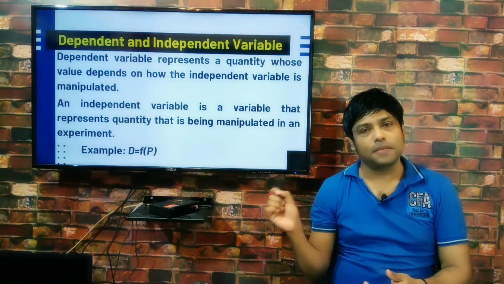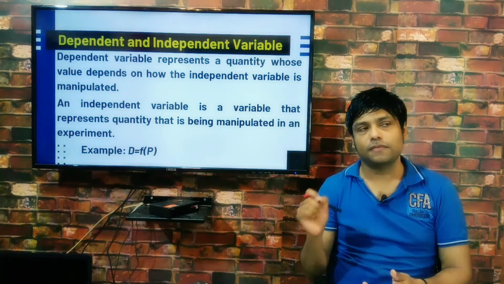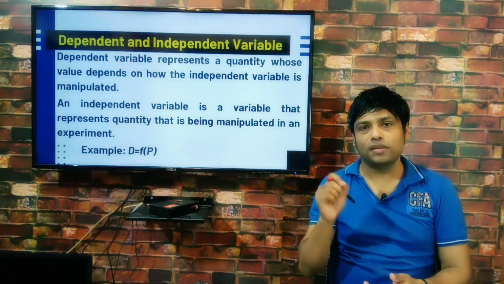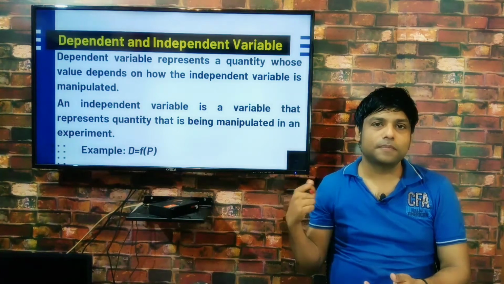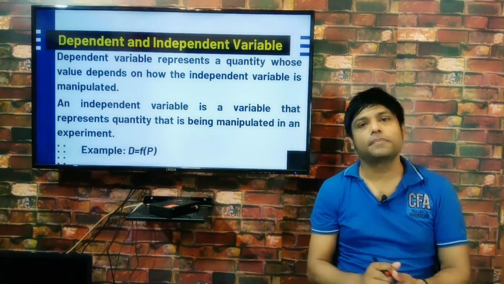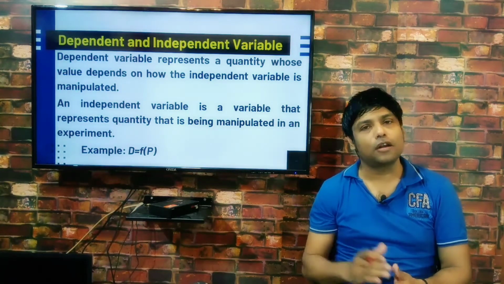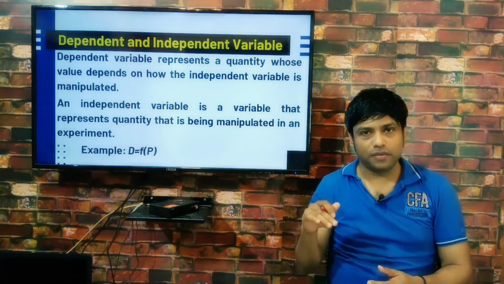D means demand, P means price, and f means function. So this should be read as demand is a function of price. That means demand depends on price. As the law of demand says, when price increases, demand decreases.